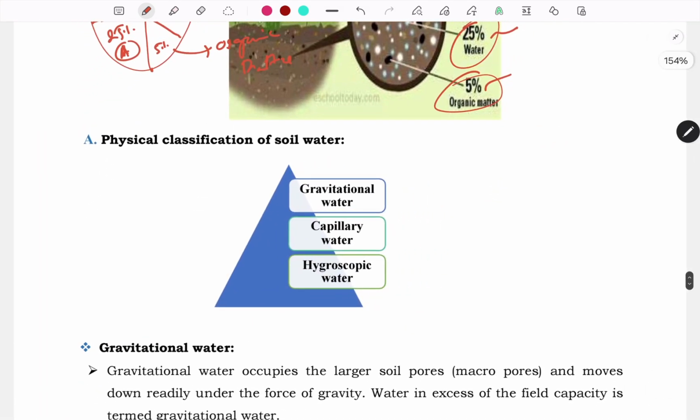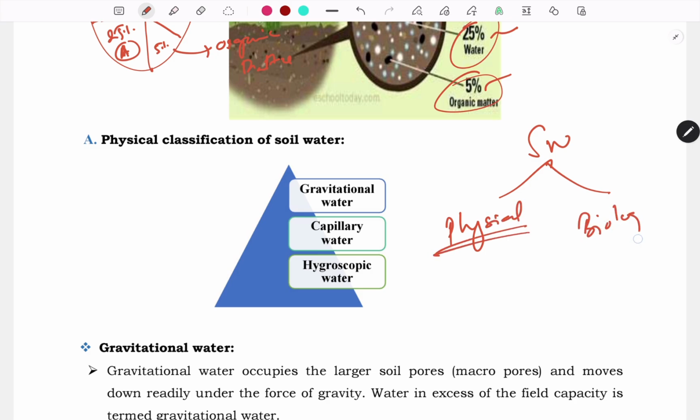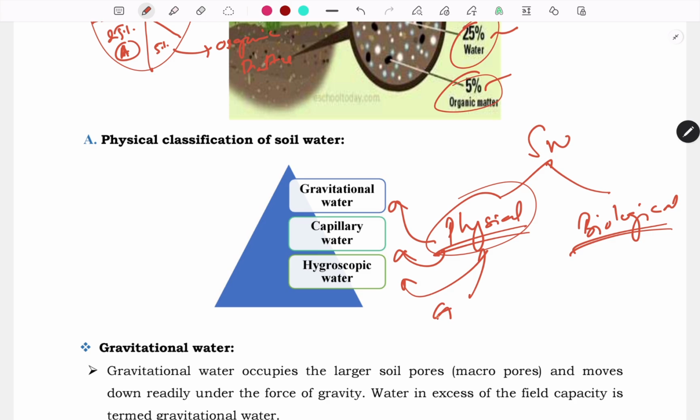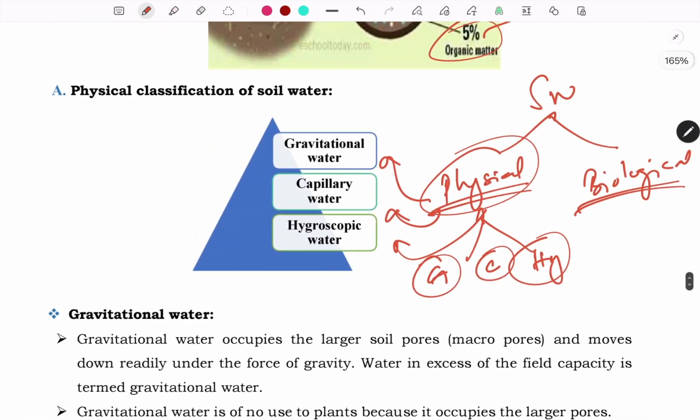There are different kinds of soil water. We majorly divide this soil water into two classifications: the physical classification and the biological classification. In physical classification, we can see these three: gravitational water, capillary water, and hygroscopic water. We will discuss these three terms here.